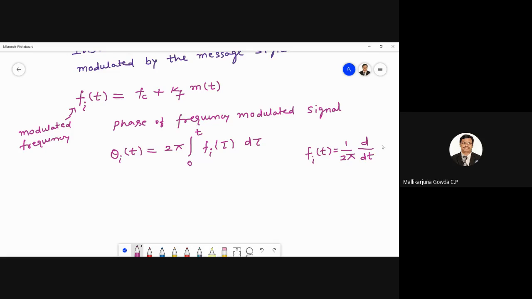So from this we can say what is theta i of t.